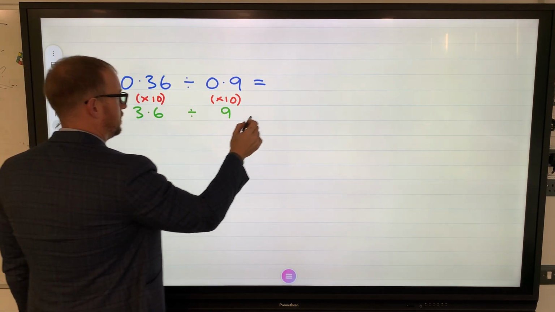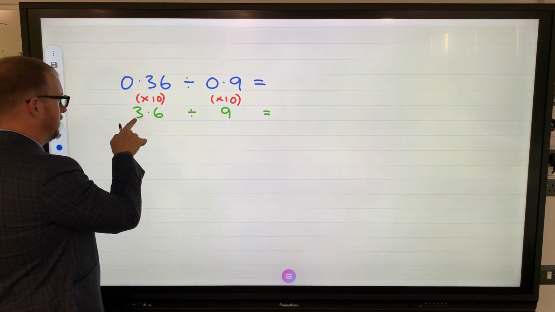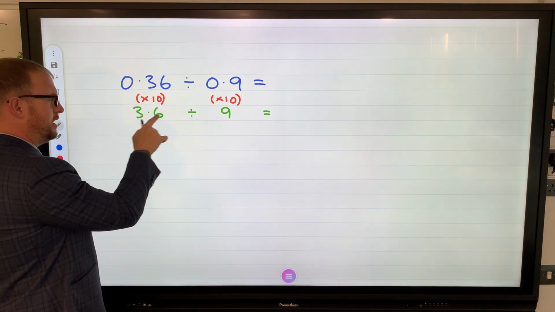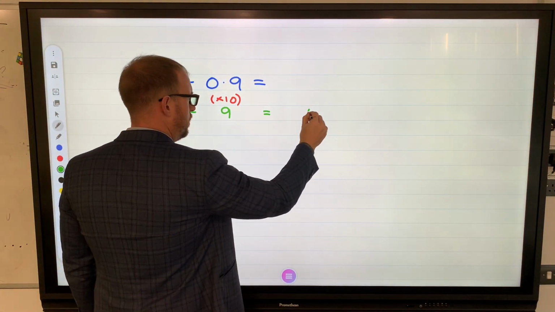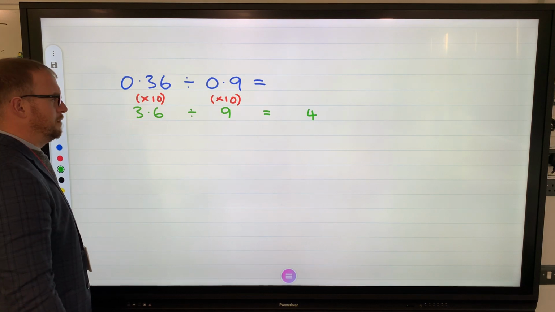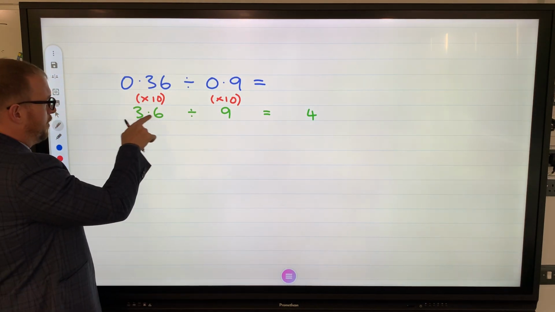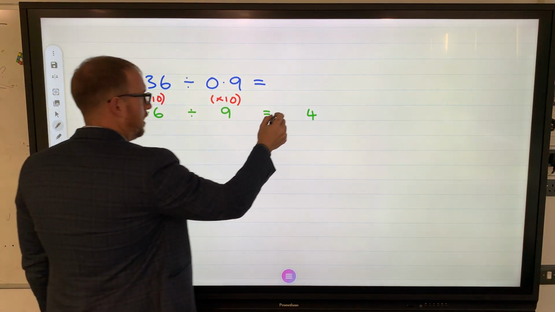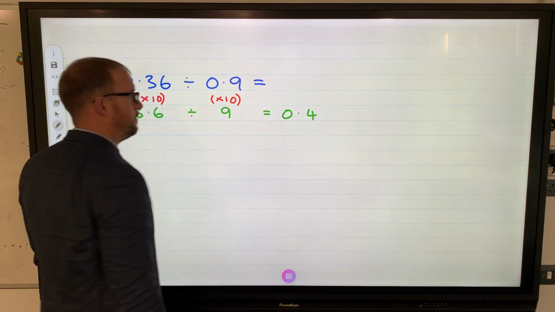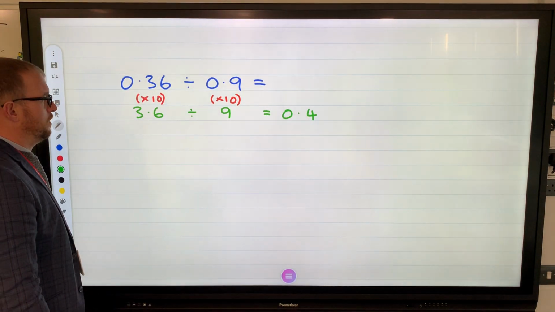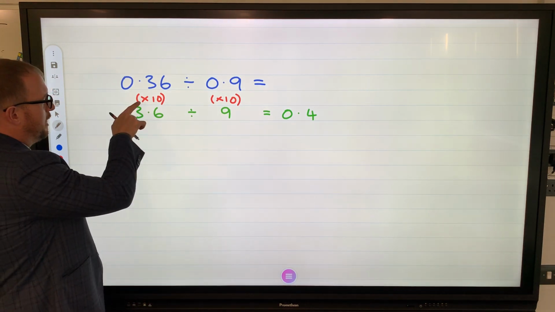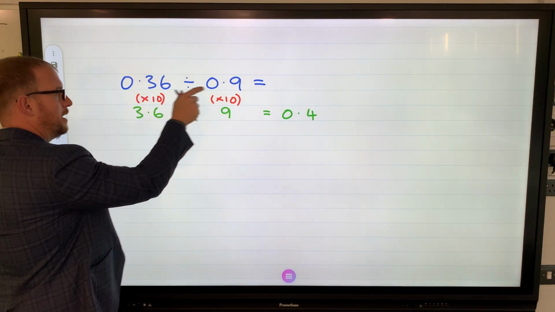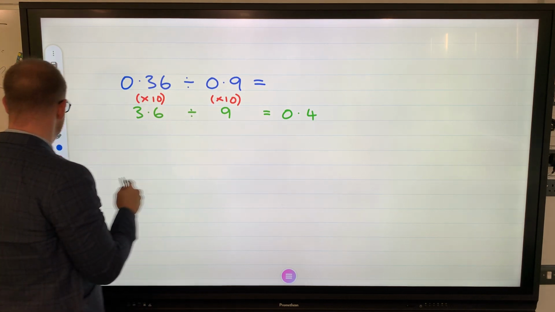Now, that's a lot easier, because I can see a 3 and a 6, 36 divided by 9 is 4. And now look at my decimal places. Well, 3.6 divided by 9 can't be 4. However, it is 0.4.